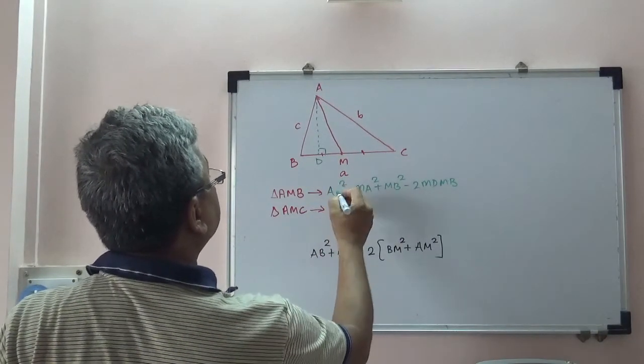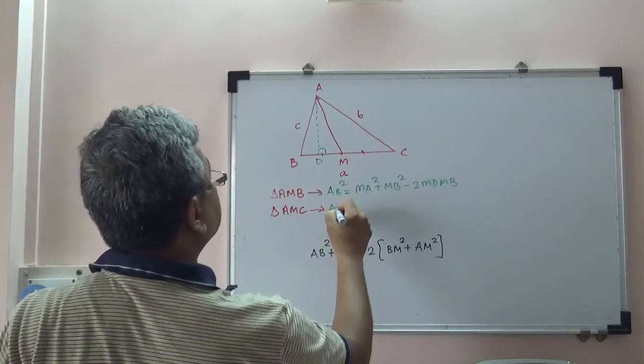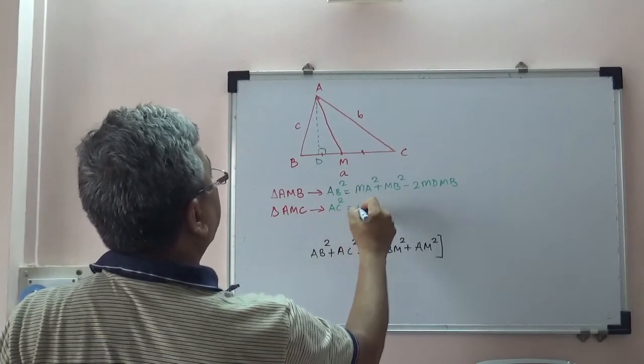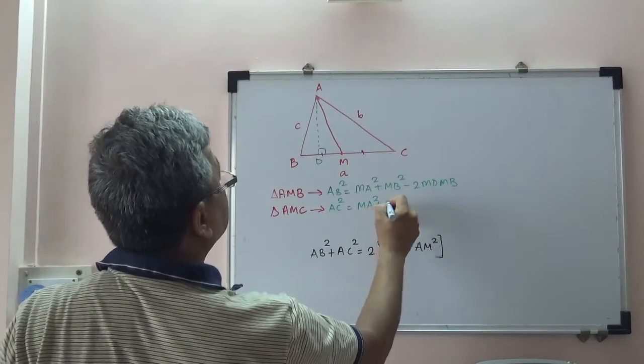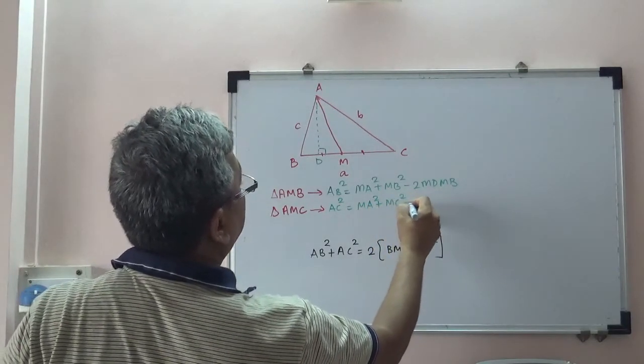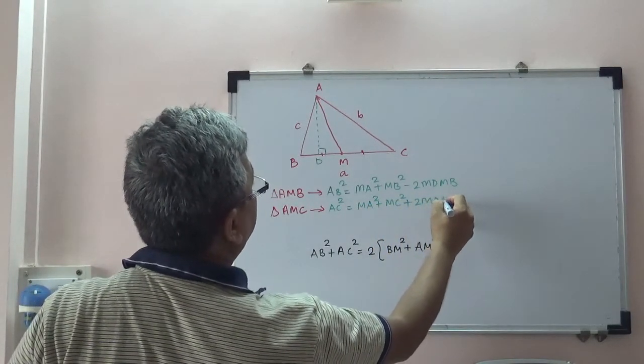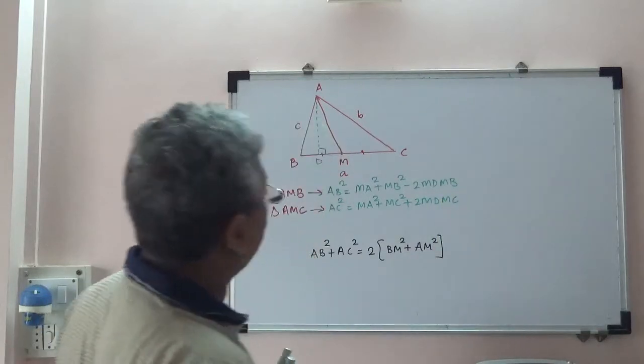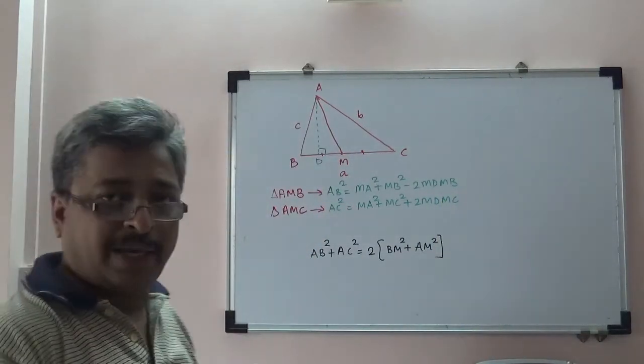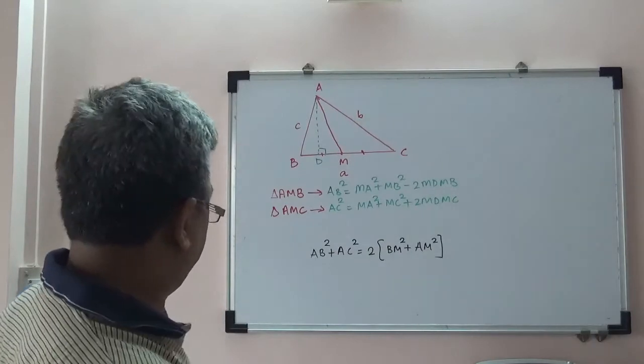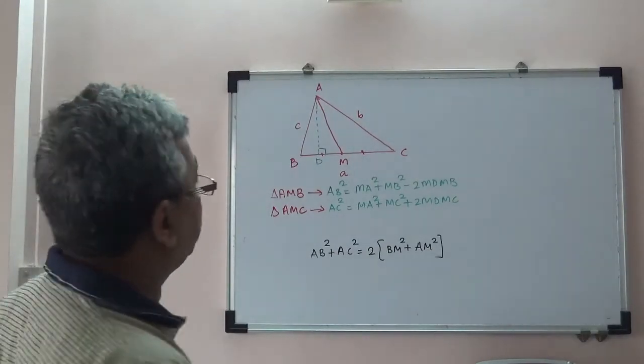here it is AB square, here it is AC square, which is MA square plus MC square plus 2 MD MC. Now what is so good about MC and MB is that both of them are equal.